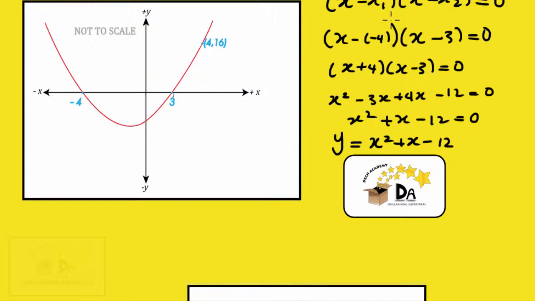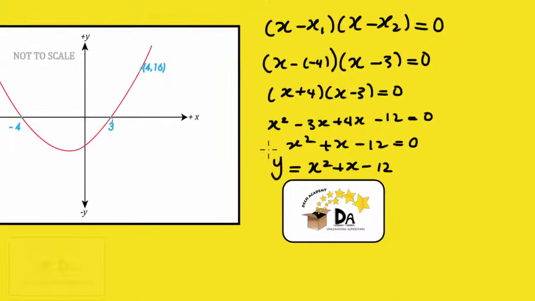From constructing an equation from the roots, I got this equation, and in order to determine a possible curve, just replace the 0 with a y. That's perfectly valid. I don't want to go too much into the details, unless you really want to know, you can ask a question and we'll get back to you. Replacing the 0 with a y gives me y equals x squared plus x minus 12.